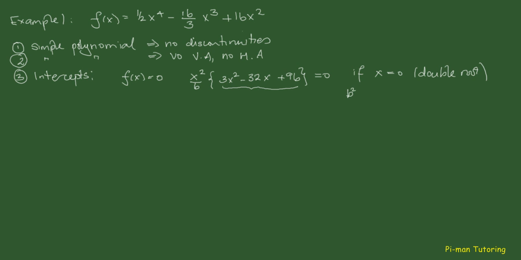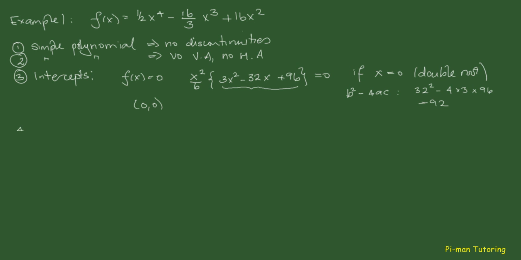So b squared minus 4ac would be 32 squared minus 4 times 3 times 96, and that gives us negative 92. So clearly there are no additional roots. So we know that when x is 0, f of x is 0, so basically the function passes through the origin.